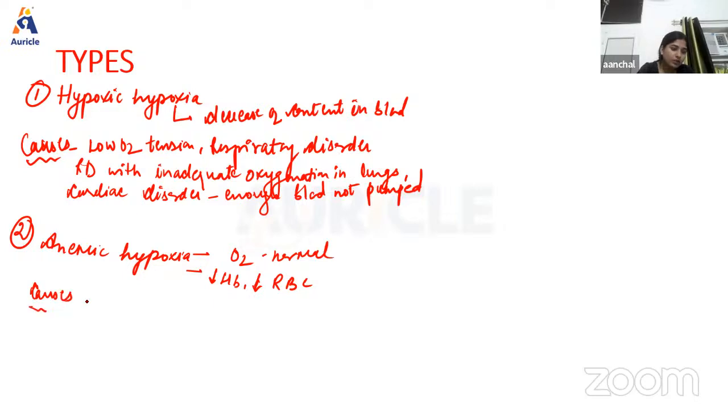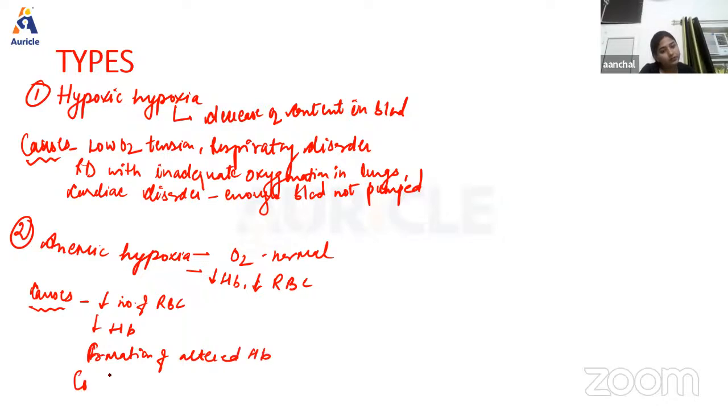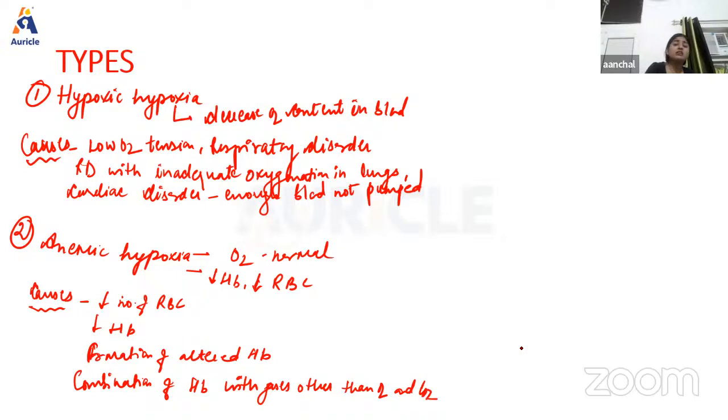Various causes are there, like decreased number of RBC, then decreased hemoglobin content, then formation of altered hemoglobin, and whenever there is combination of HB with gases other than oxygen and carbon dioxide. Some poisonous gases are there, so due to that also anemic hypoxia can occur.